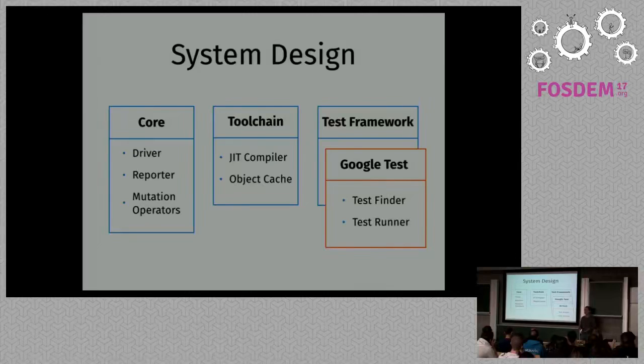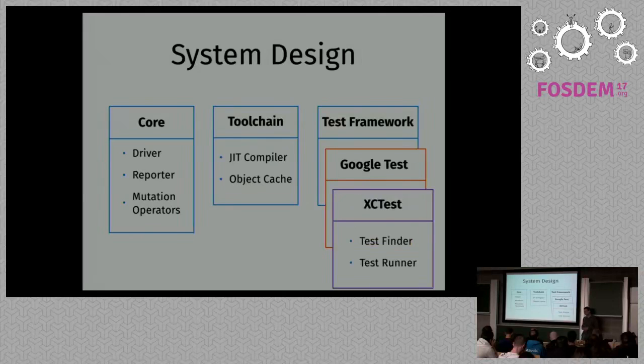It could also be XCTest, for example, for Objective-C and Swift potentially. And just 2 or 3 days ago, we merged the initial support for Rust. It's not production ready. I mean, the whole tool is not production ready, but for Rust you can just take it and apply it on any project, but we'll get there.